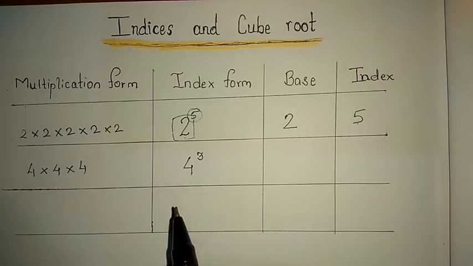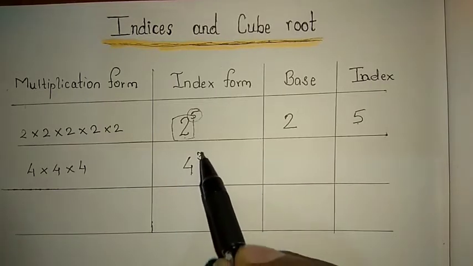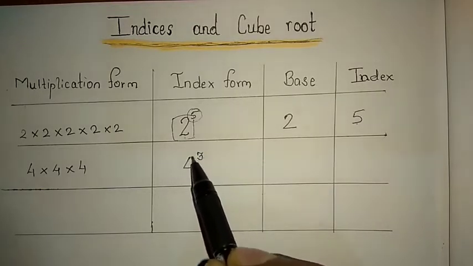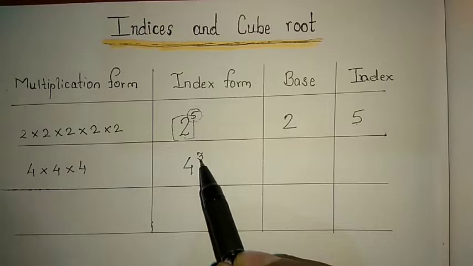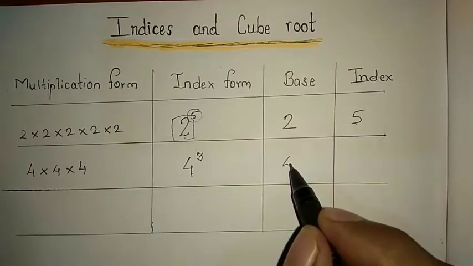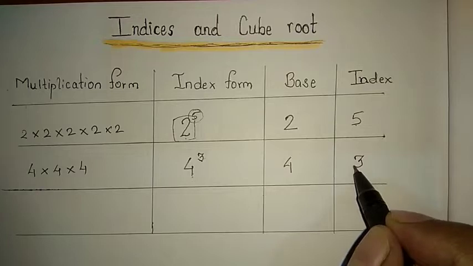What is the index? Yes, the number which is written in smaller font on the upper side is the index, and the bigger number is the base. So 4 is the base and 3 is the index.